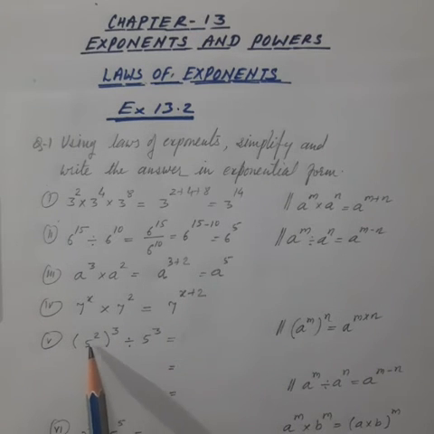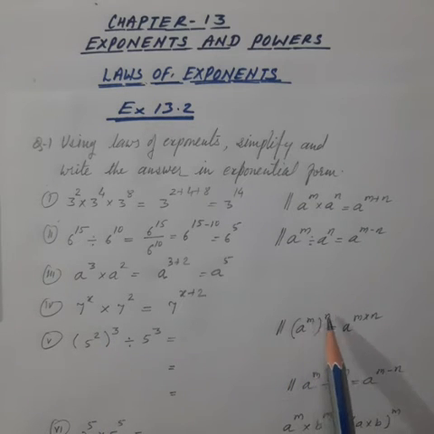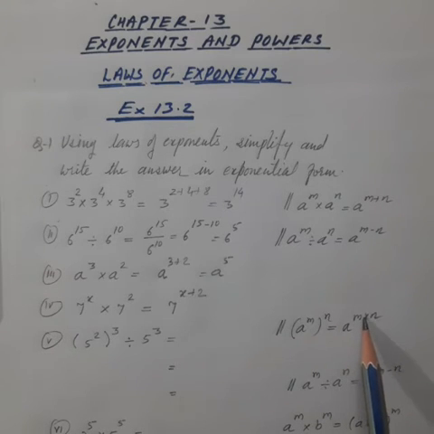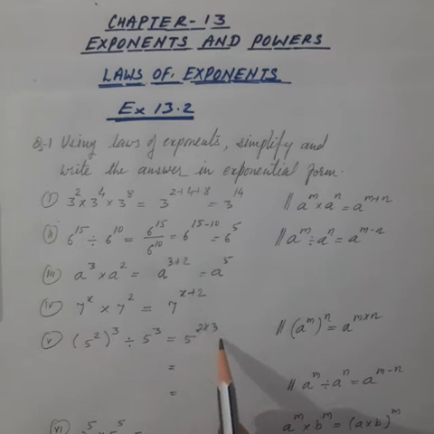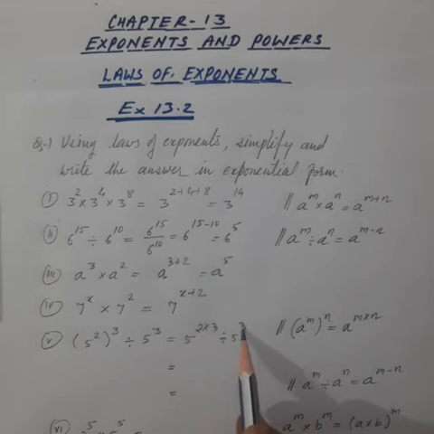Fifth, 5 square whole cube divided by 5 cube. Here base is 5 and power of power. We know that while taking power of power, we have to keep the base the same and multiply the powers. So keep the base the same, 5, and multiply the powers 2 into 3, divided by 5 cube. Base is 5, 2 3s are 6, divided by 5 cube.